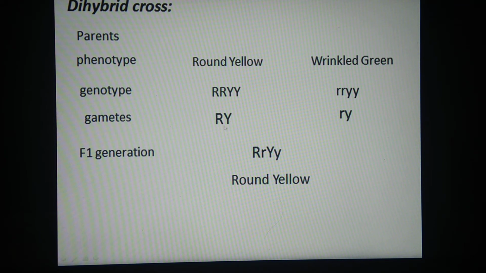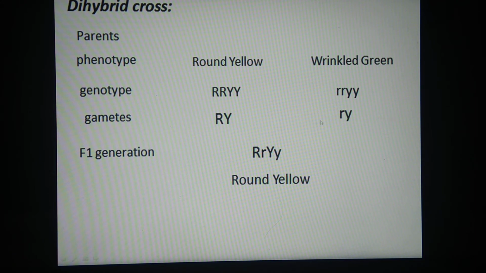That is why it happens so. It is because of reductional division. Half number of the chromosomes will enter into the gamete. Same is the condition in case of wrinkled green. That is small r from this set of r and small y from this set of y will come into the gamete. Again, the number is reduced to half. So, this is the step of gamete formation.